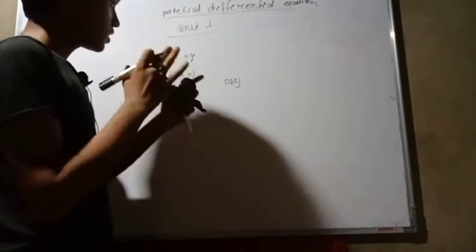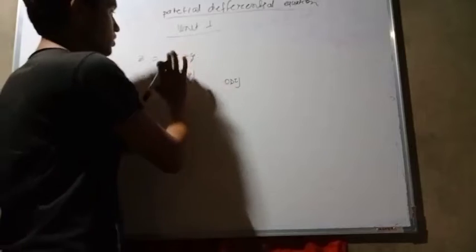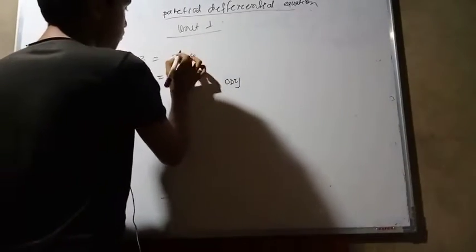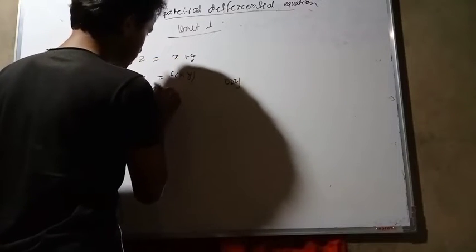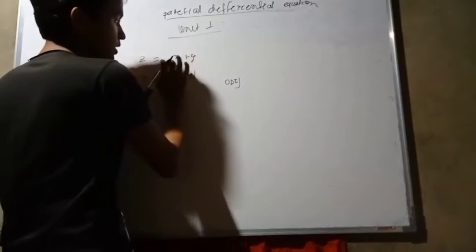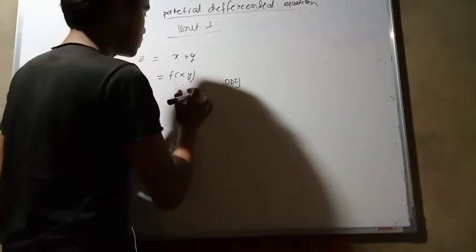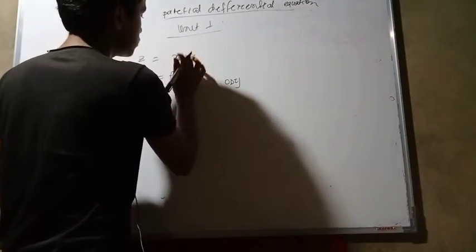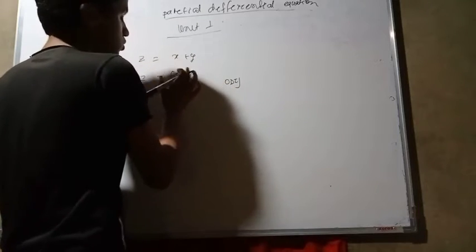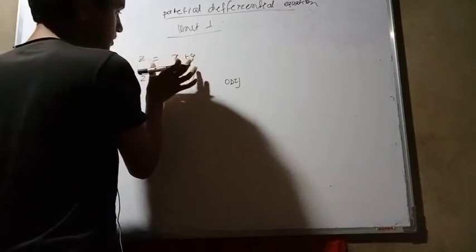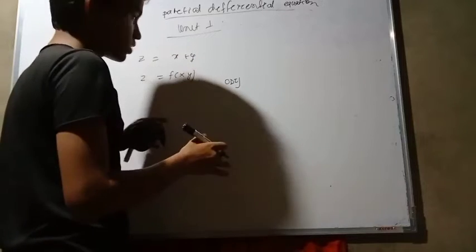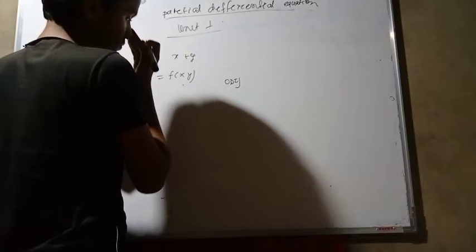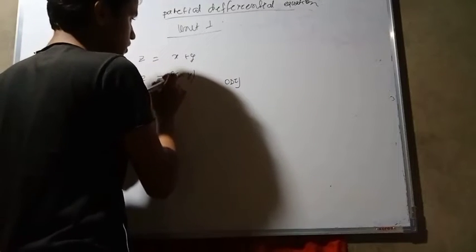If x and y are two independent variables and z changes along with x and along with y, then we cannot differentiate along just one.